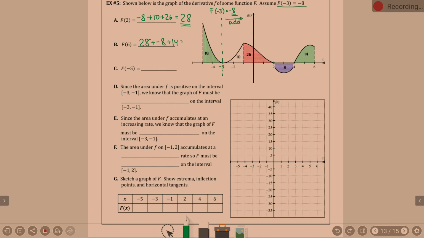Remember that 8 is below the x-axis, so it is assessed a negative value. 28 minus 8 plus 14 is going to be 34, I think. Is that right? Yes. Okay. What about F of negative 5?